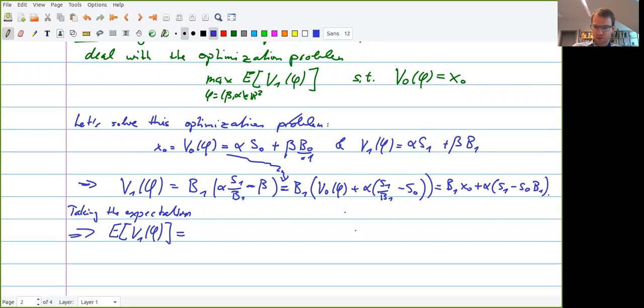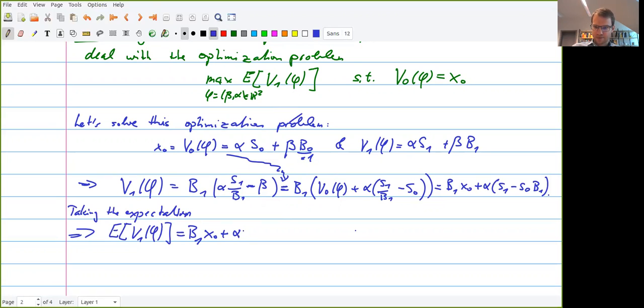Okay, this is good because if I look at the right-hand side of the equation above, there's only the random variable S1 involved. Well, this can take 2 values, so I can calculate this explicitly. So x1 is deterministic, b1 is deterministic, x0 is deterministic, so there's nothing to do.